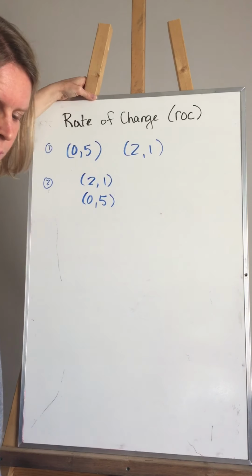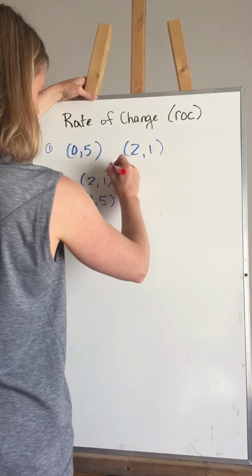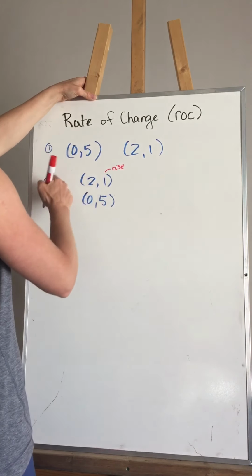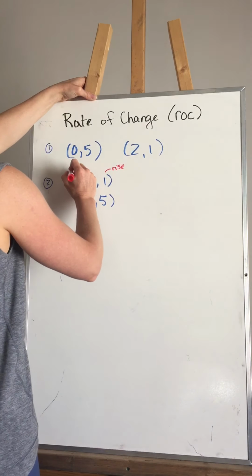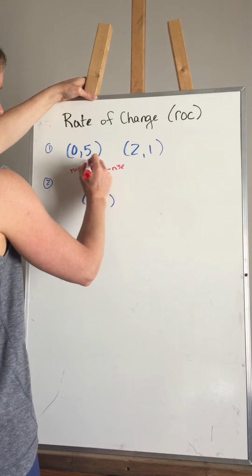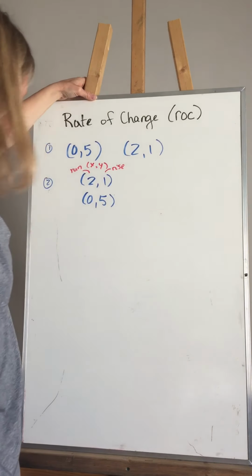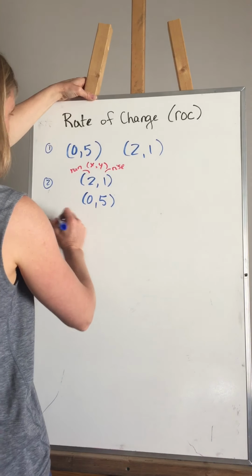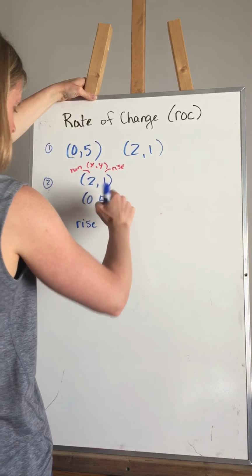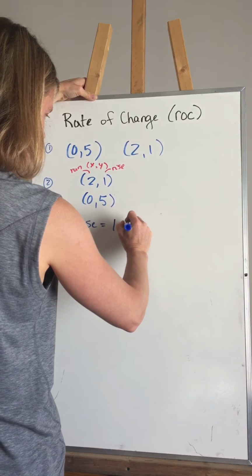Step number 3 is to figure out our rise, which of course is the difference in the y-coordinates. And then the next one, we'll be figuring out our run, which is the difference in the x-coordinates. So our rise is going to be 1 minus 5.